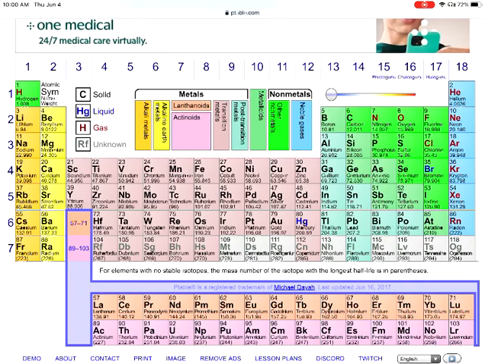Its symbol is W, so tungsten is number 74. So that's one of those weird elements that has a symbol that doesn't really match its name. W might come from a previous name for tungsten. Okay, so the atomic number is 74 and the symbol is W.